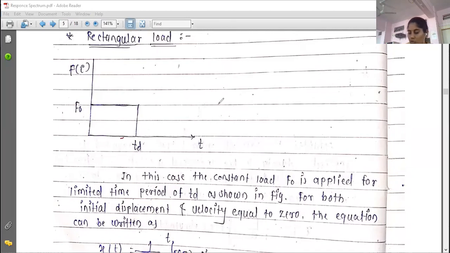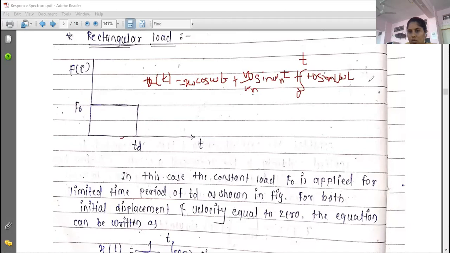Our basic equation of Hamilton's integral is x of t equal to x naught cos omega t plus v naught upon omega_n into sine of omega t plus integration from 0 to t of f naught into sine of omega (t minus tau) d tau. So that is the equation.